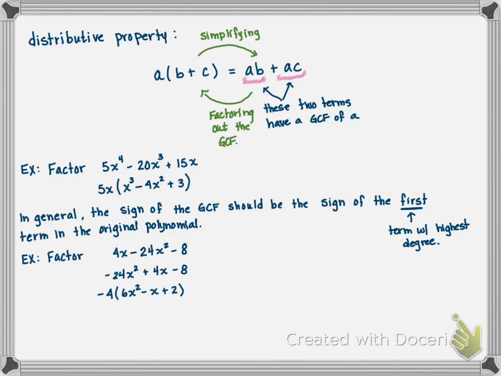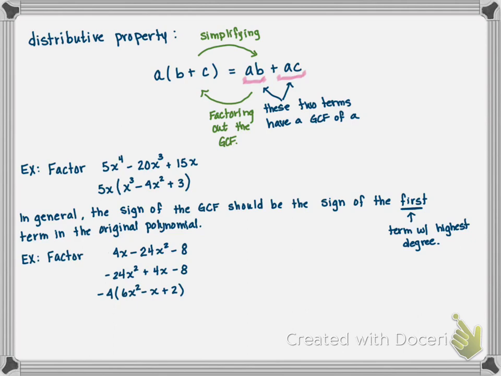Yeah? I'm kind of confused when you explain when it says in general the sign of the GCF. The sign, is that just like if it's positive or negative? So in our first example, the first term was a positive 5x to the 4th, and so the GCF we took out was a positive.